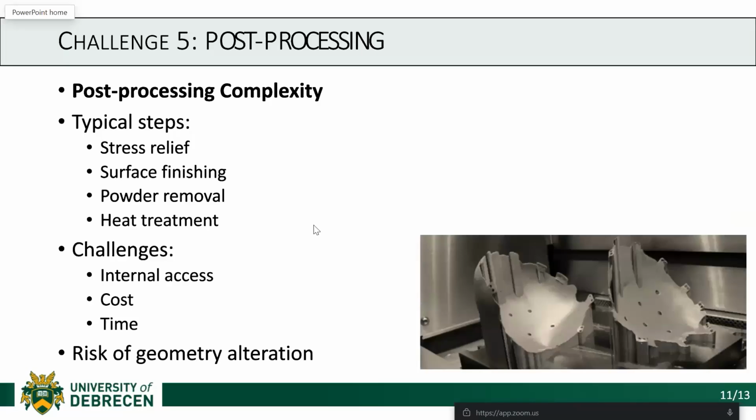And the last challenge, according to the 3D printing of titanium, is the post-processing complexity. After the printing, we have to remove the powder from the structure, from the parts, and it causes some serious problems in some cases.